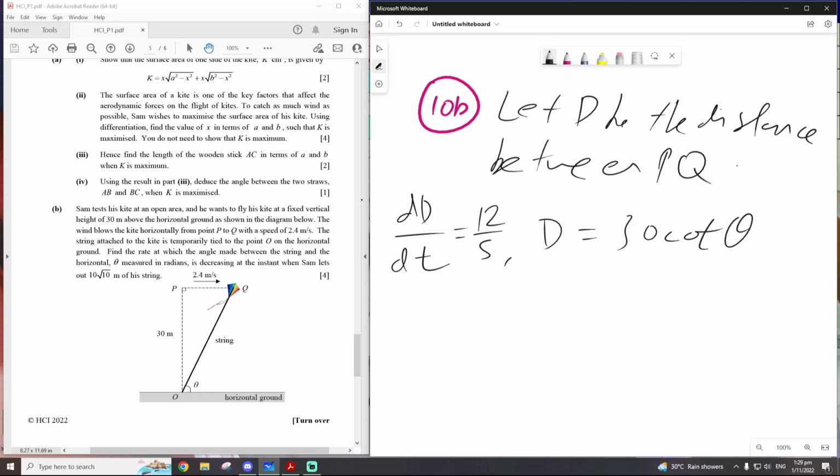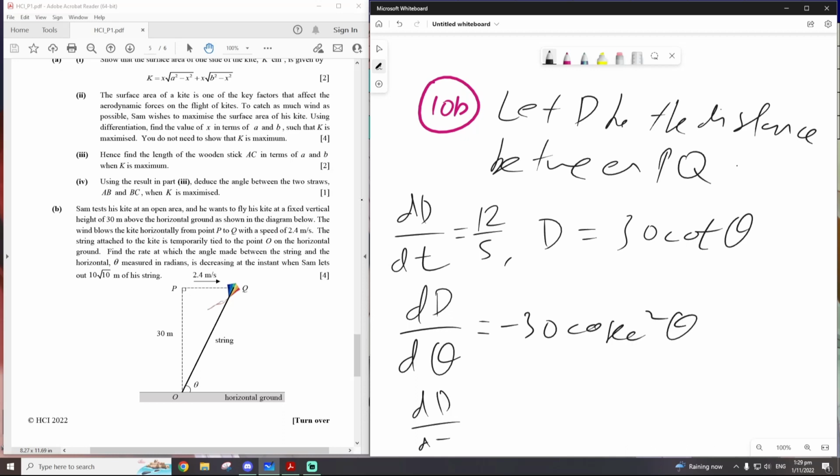Okay. So how do I solve this? I want d theta/dt, so I find dd/d theta. Differentiate cotangent is negative cosecant squared, so you get negative 30 cosecant squared theta.